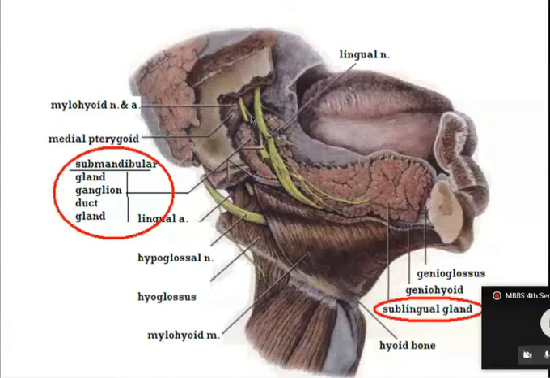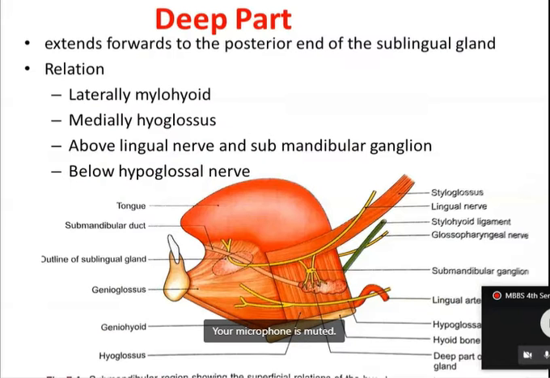So here we can see the submandibular salivary gland, and the submandibular ganglion with the submandibular duct in front. And this is the sublingual salivary gland in the floor of the mouth. So the deeper part extends forward to the posterior end of the sublingual gland. So this is the superficial part, and medial is the deeper part. And it is related laterally with the mylohyoid muscles, and medially the hyoglossus muscles.